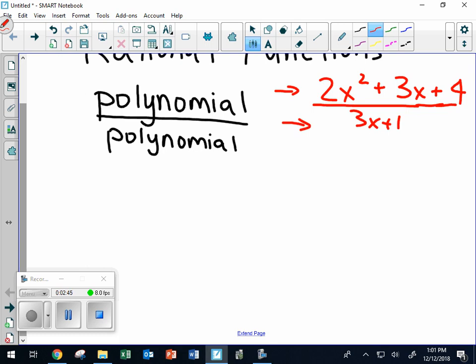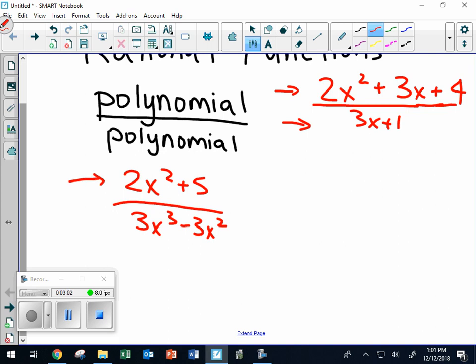If I had this, is that a rational function? Yeah, because this is a polynomial. That's also a polynomial. We've got two polynomials, and they're divided by each other. So it works.